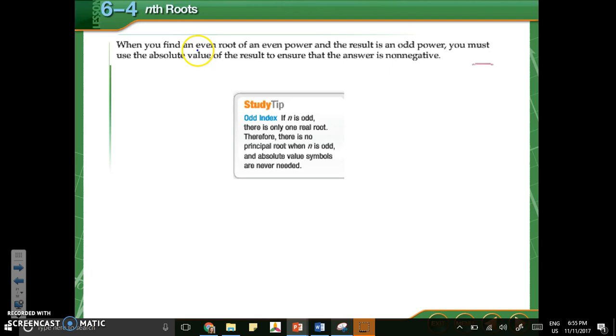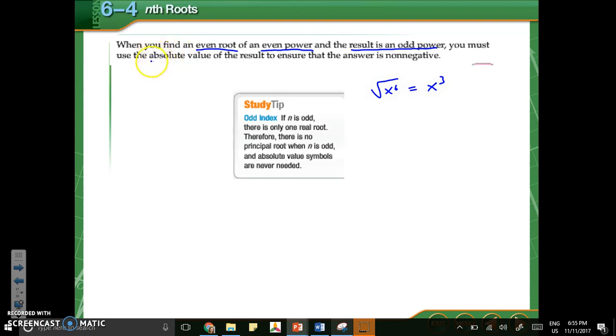When you find an even root of an even power, like the square root of x to the 6th, let's say, and the result is an odd power. So if I take the square root of x to the 6th, that gives me x cubed. The result is odd.